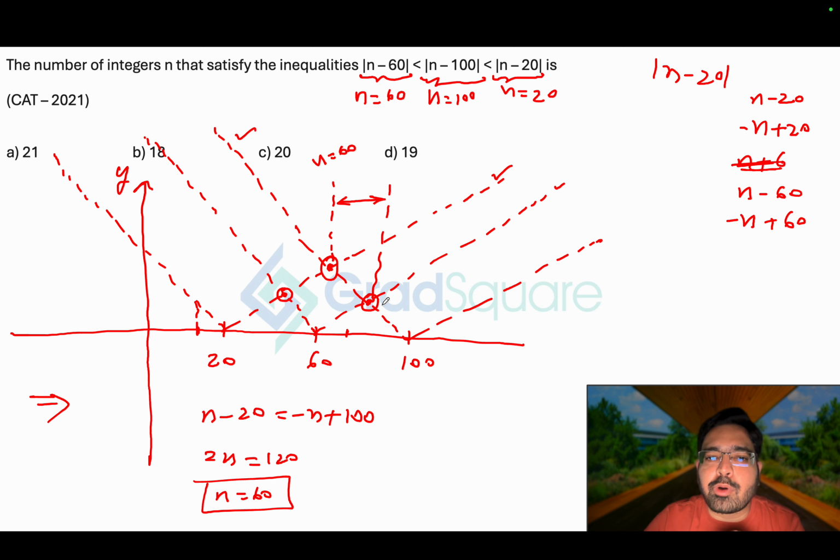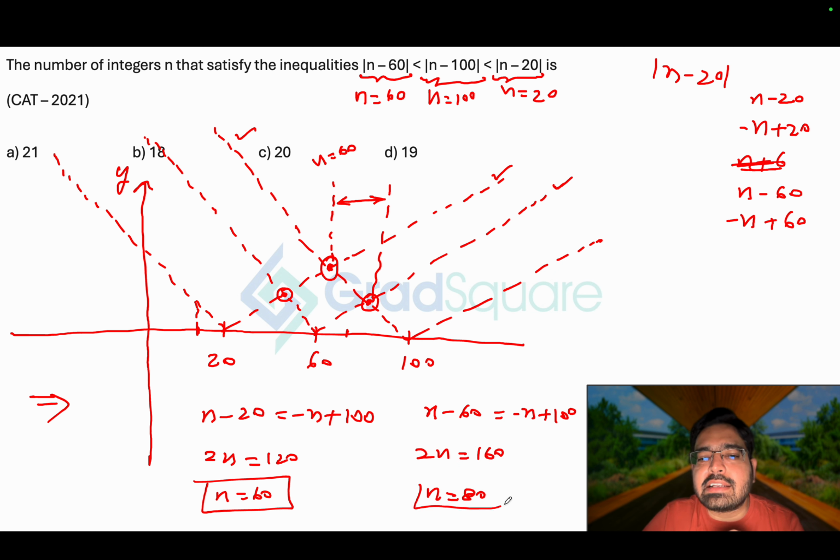What about this point? This point is an intersection of n minus 60. This line was n minus 60. And what about this line? This line was minus n plus 100 again. So if you solve this, it is going to be 2n equals 160. N will be equal to 80. So you are looking at this particular value of n as 80.